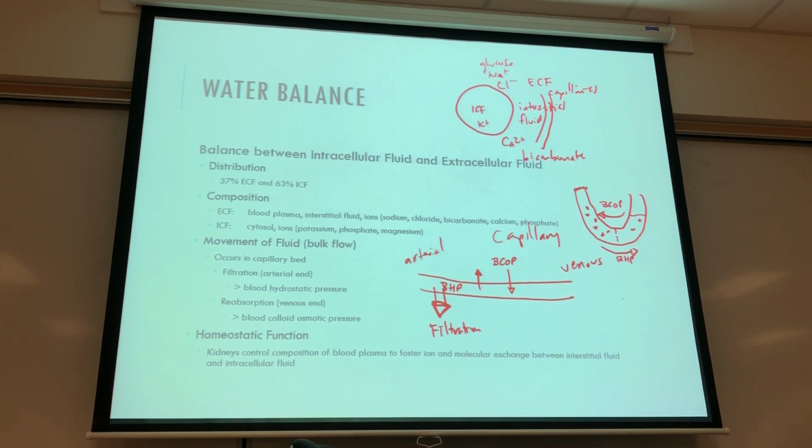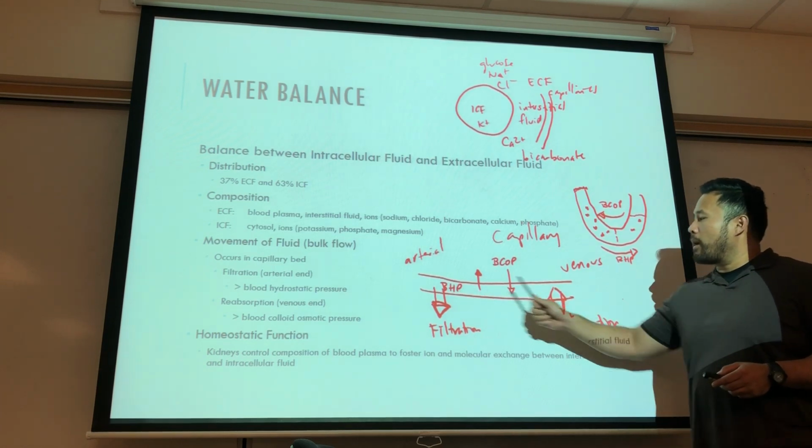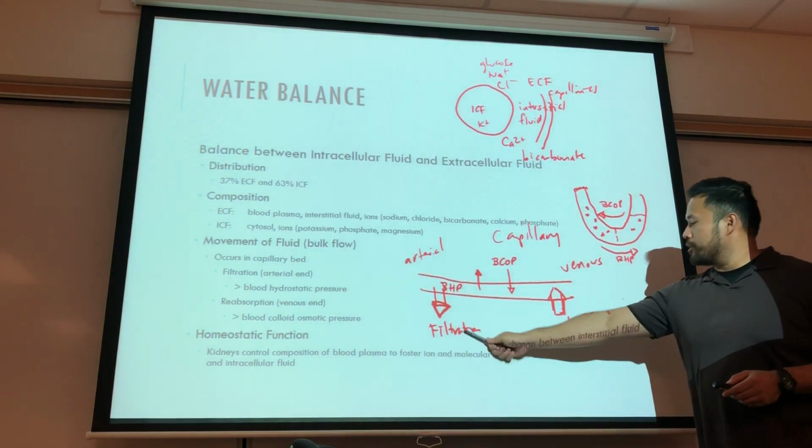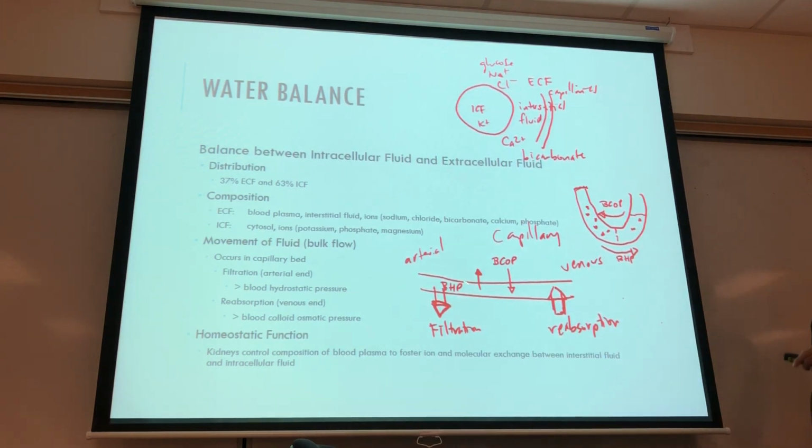And due to higher colloid osmotic pressure compared to that of hydrostatic pressure, we're going to get reabsorption. So these are the pressures that are involved that will result in filtration and reabsorption. The direction of fluid movement we're going to be able to see in the kidneys.